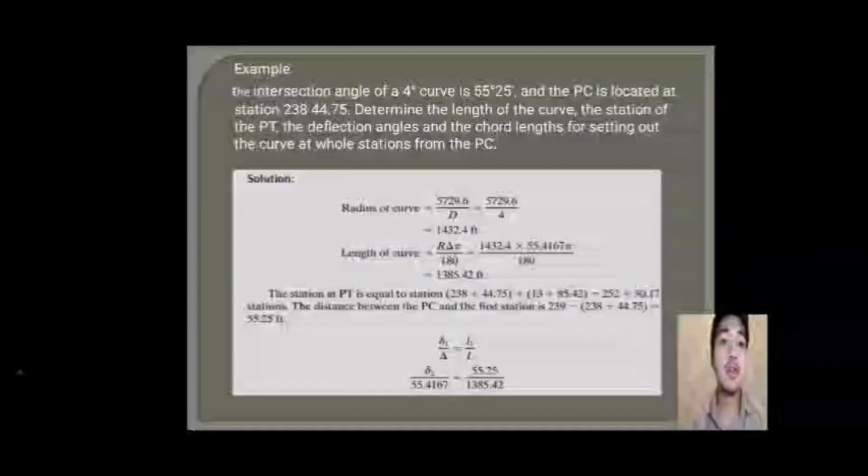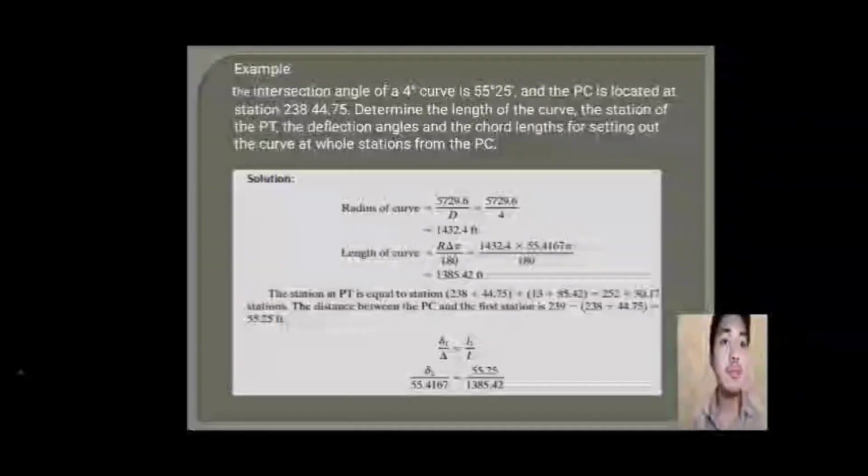Solution. First is getting the radius of curve, 5729.6 over D. Then substituting the given, we will have 1432.4 feet.